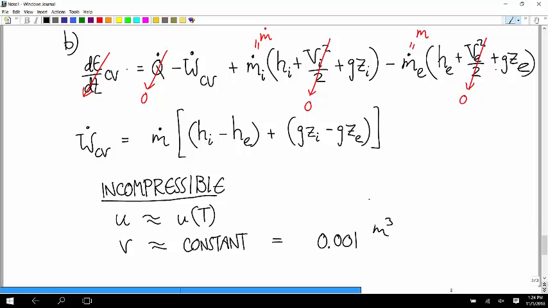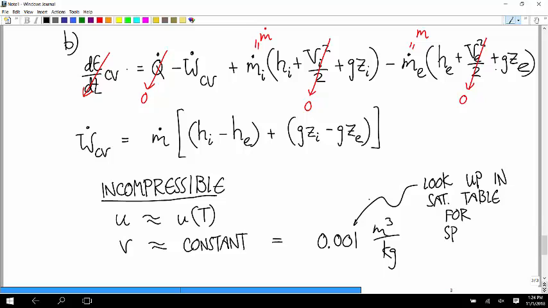So this is meters cubed per kilogram. There's no such thing as specific temperature. I just mean the actual temperature that we're operating at.